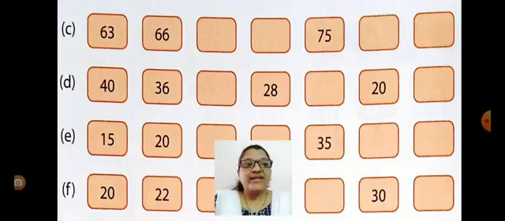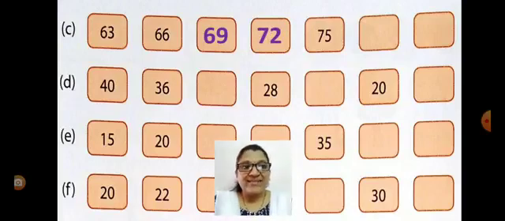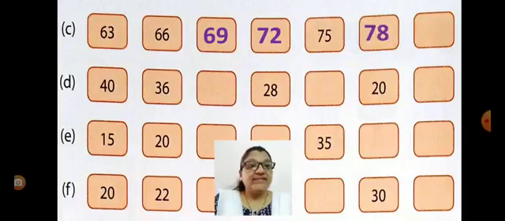So let us find out the next number. 66 plus 3, 69. 69 plus 3, 72. 72 plus 3, 75 is already given. 75 plus 3, 78. 78 plus 3, 81.